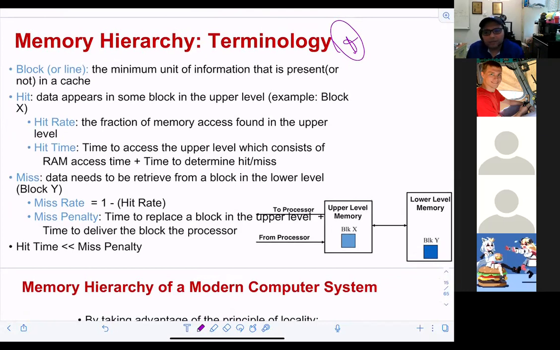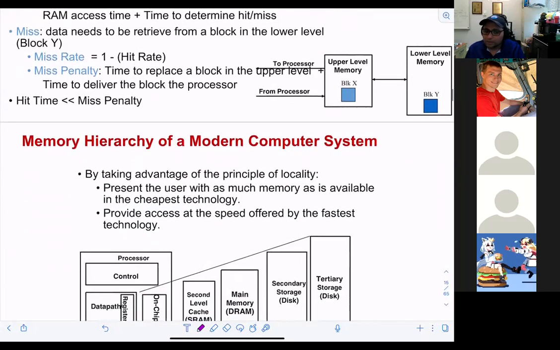And of course, it is statistics, right? So 100% is 1. So miss rate is 1 minus the hit rate. Okay. And miss penalty is basically a way to define how much time it took for me to get the data placed in the cache. Then the processor will be using it. Sounds good?